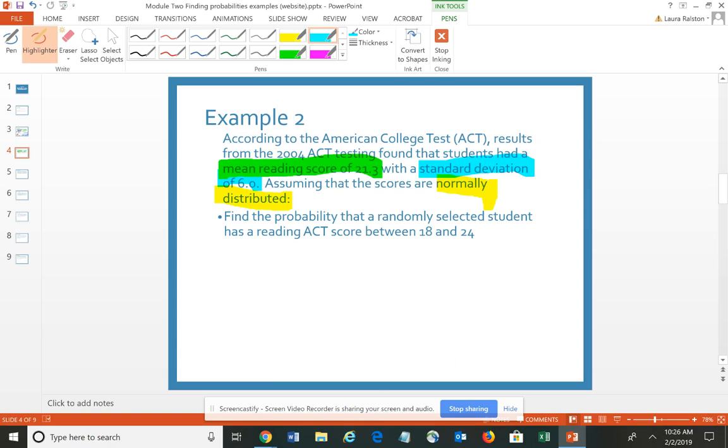You have to know those three things. Then it asks us, what's the probability that a randomly selected student scores between 18 and 24? Again, in symbols, we would have X is approximately normal with a mean of 21.3, standard deviation of 6.